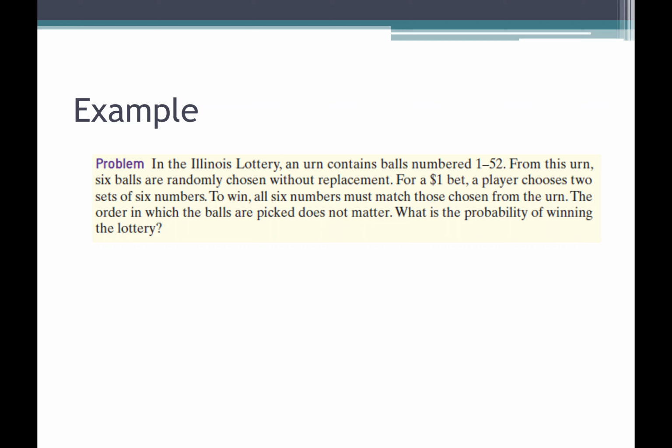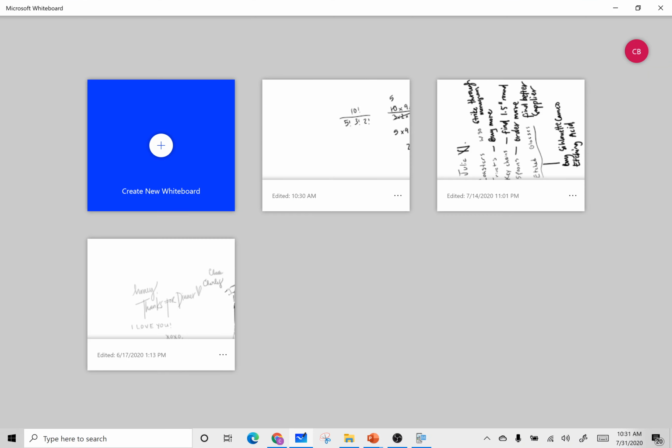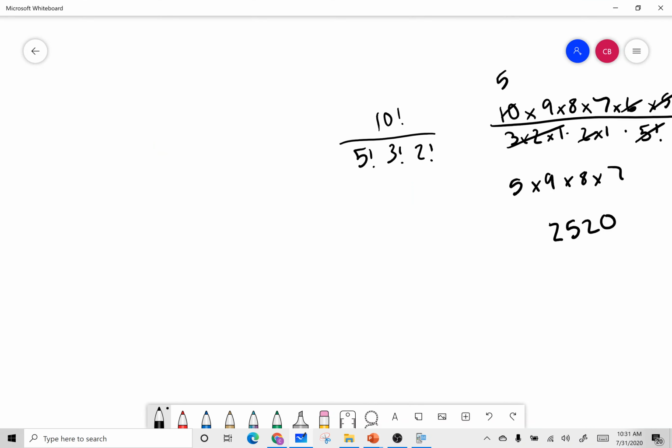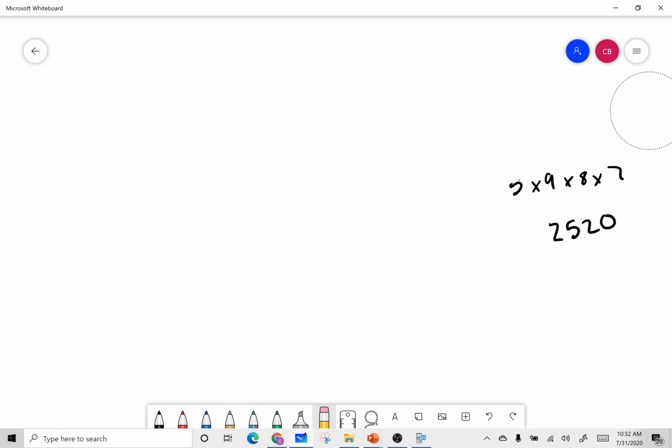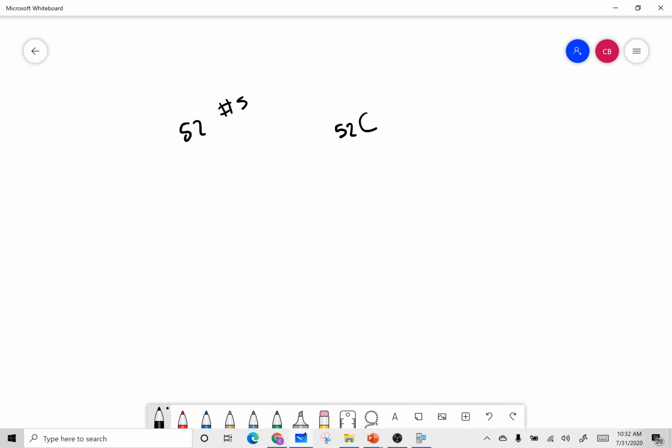So let's do this real quick. We have 52 numbers. Order does not matter, and therefore the number of choices is 52 choose 6 ways, but there's only one way to win, right?